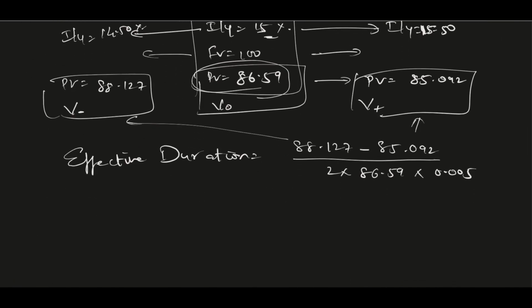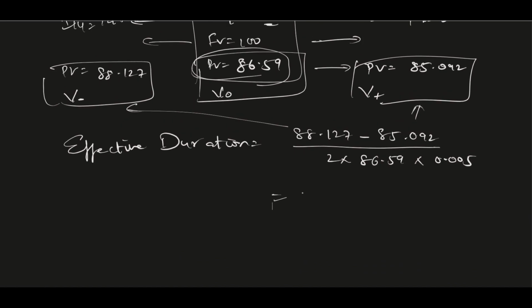Okay, so if I calculate all this, the numerator will come as 88.127 minus 85.092, so 3.035. The denominator is 2 into 86.59 into 0.005, that comes as 0.8659.